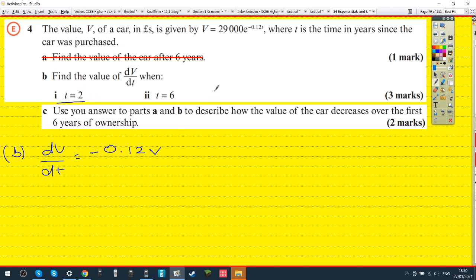Any idea how to do that? Do you square it? Well, how would you find dV/dt when V is 2? No, you would just sub 2 for V. Okay, yeah, makes sense. When t is 2?